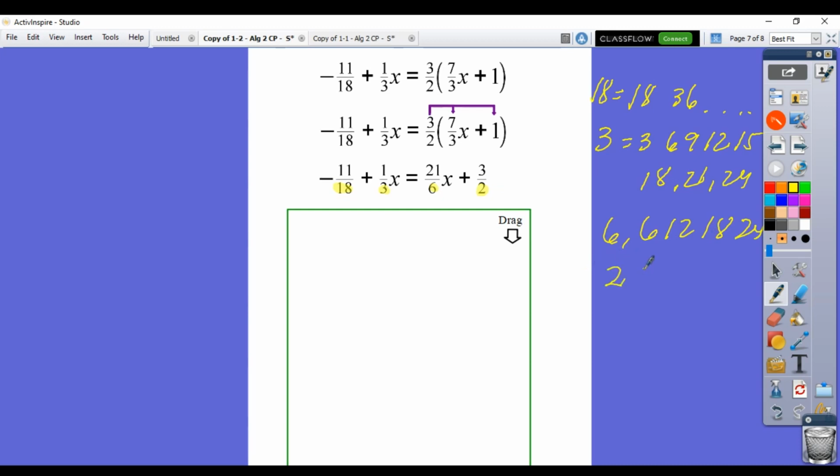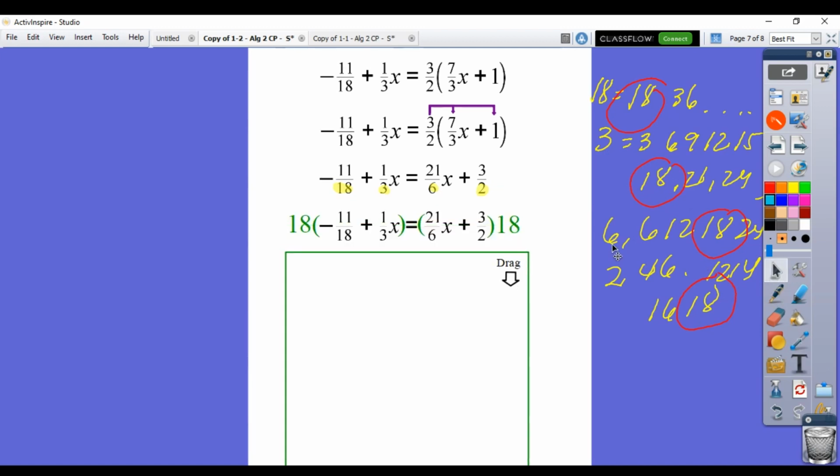And 2 is obviously 2, 4, 6, 8, 10, 12, 14, 16, 18. With all of them, what's the common one? The common is 18. So that means the common denominator is going to be 18, and you're going to multiply 18 to all of them. And I showed you a while ago, it's simpler this way.